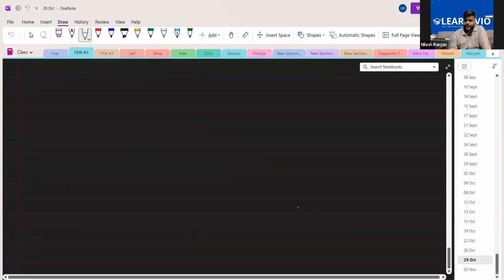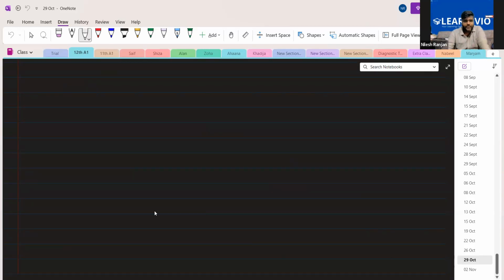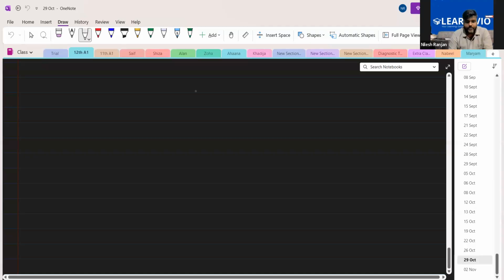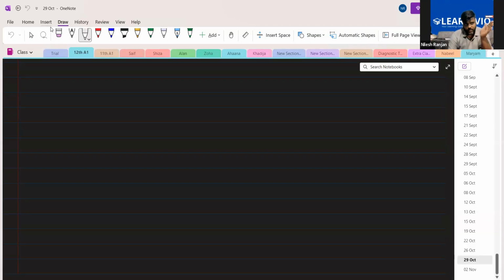So, when we say redemption out of capital, it means there is no transfer from general reserve or profit and loss to debenture redemption reserve. Because it is redeemed from the capital, so no need to transfer from general reserve. But if it is out of profit, then you have to transfer the amount.